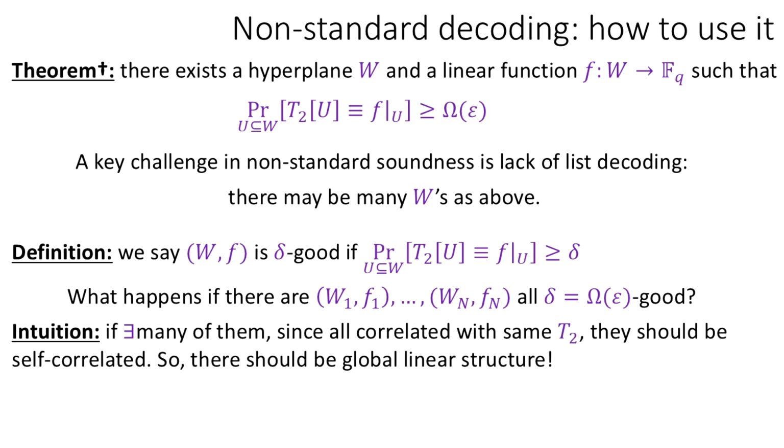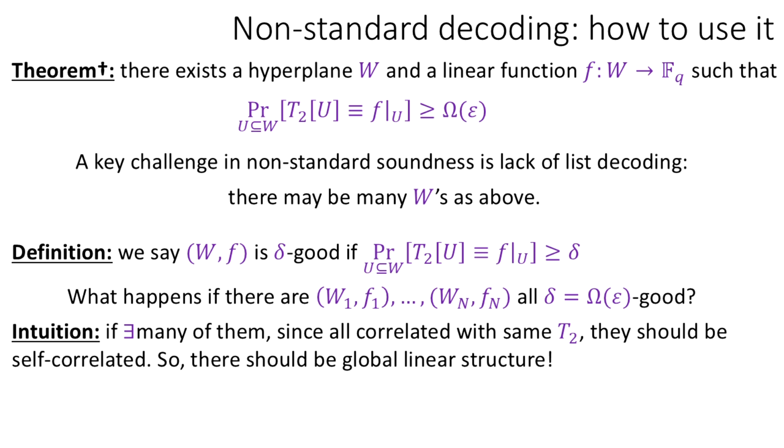To get some intuition for what is supposed to be happening, you have many of them that are good. They're all correlated with the same table, T2. And because there are so many of them, they should start to self-correlate with each other, because T2 is the same thing.